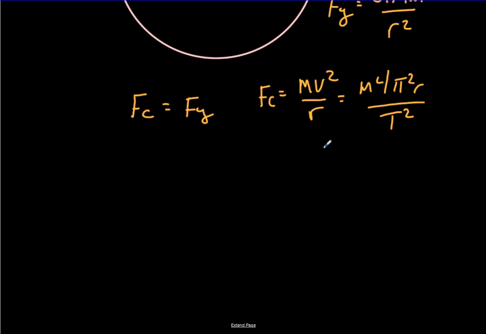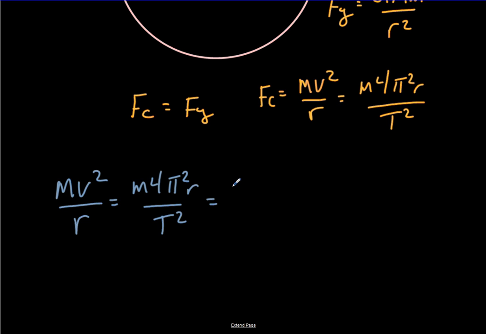So for orbital mechanics then, if we want to talk about a circular orbit, what we can do is make some things equal to some other things, right? We can make centripetal force now equal to the force of gravity. We could say, for an orbital system, mv squared over r, where little m is representing the object that's doing the orbiting, is also equal to m 4 pi squared r all over t squared.